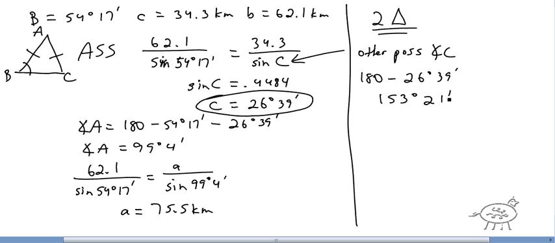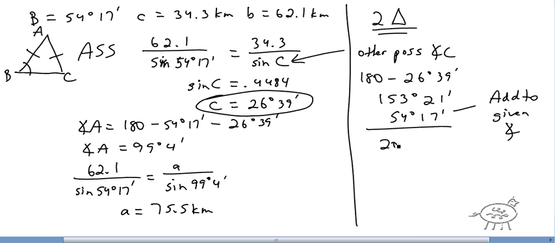So now I'm going to add that to the given angle. It's important to add to the given angle, because the given angle is a fixed angle. Anything that's given is always fixed. So it's added to 54 degrees 17 minutes, which is angle B. If I do that, I get 207 degrees 38 minutes, which is obviously greater than 180 degrees.